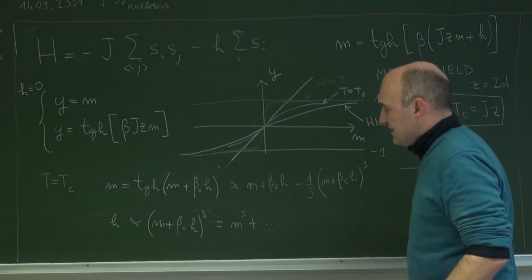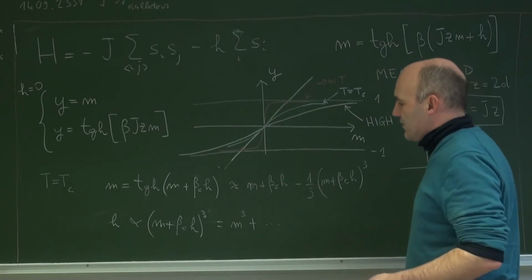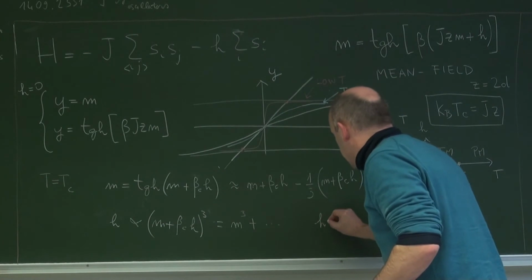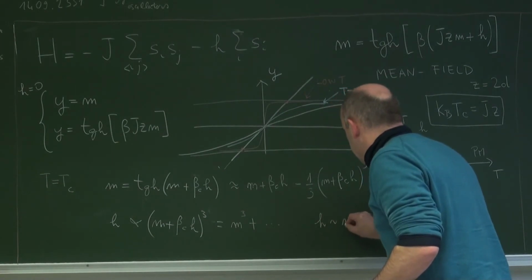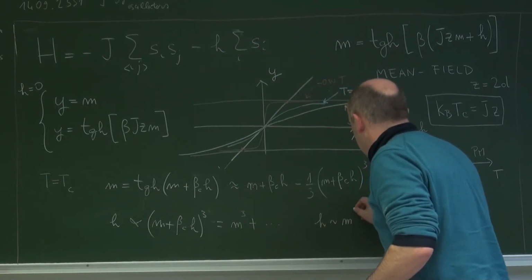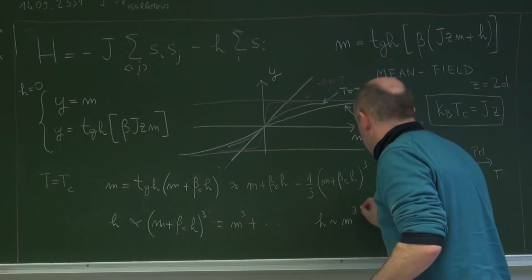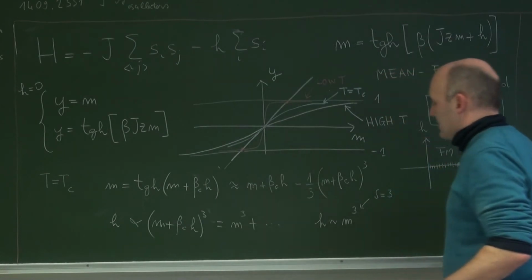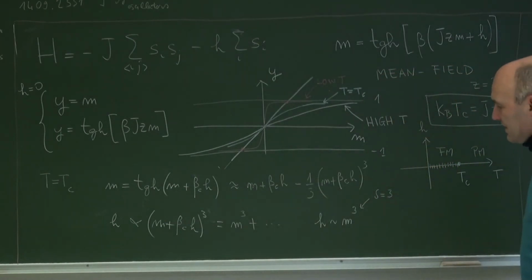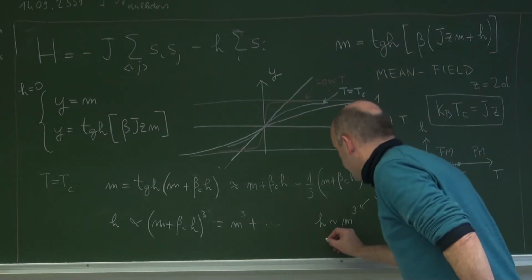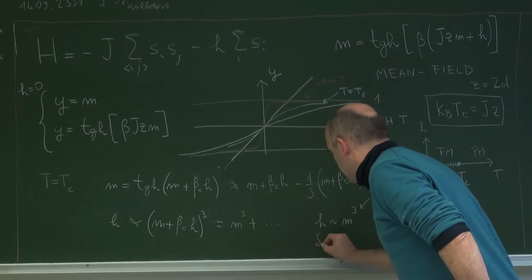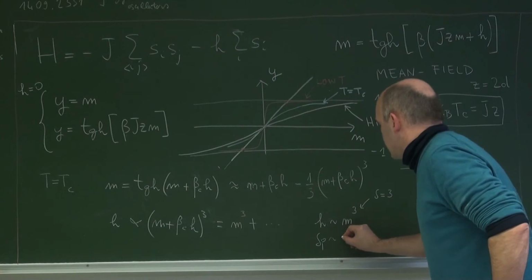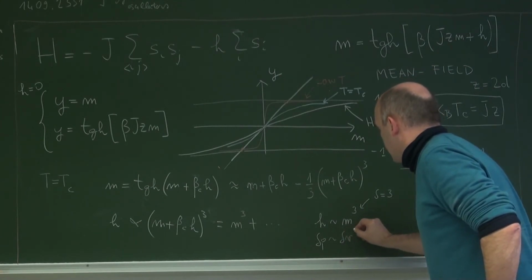exponent delta, the equivalent of the exponent delta that we found in the van der Waals model. So we write this relation: h is m to the third. This is the exponent delta equal to 3. In the van der Waals model, we had delta p scales as delta v to the third.